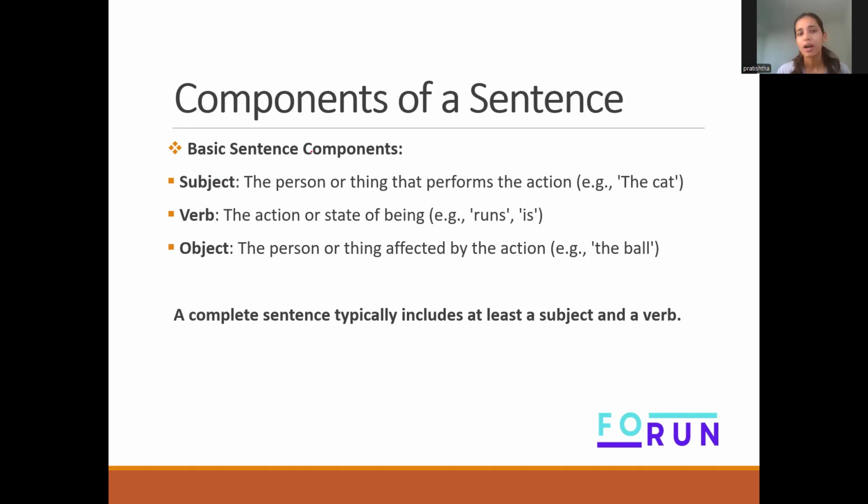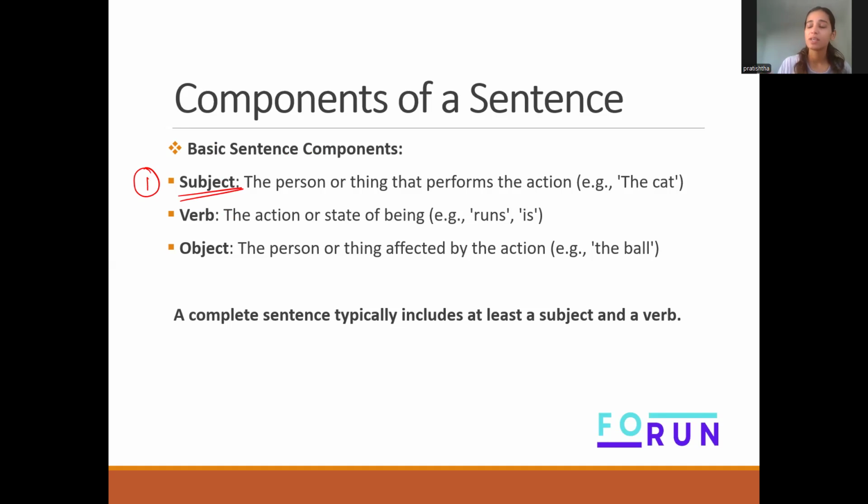The most basic sentence is always going to have three things. A subject. For example, you have subjects like maths, English, science. What do you do in that? You learn more about that particular subject. If I'm talking about math, you are going to learn more about math.